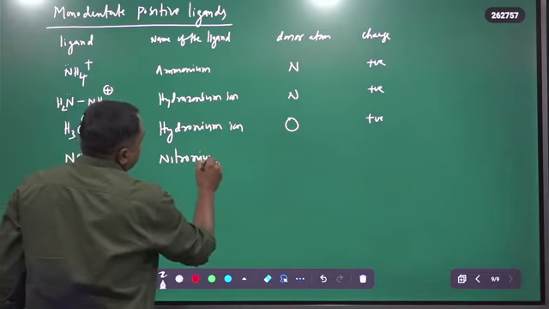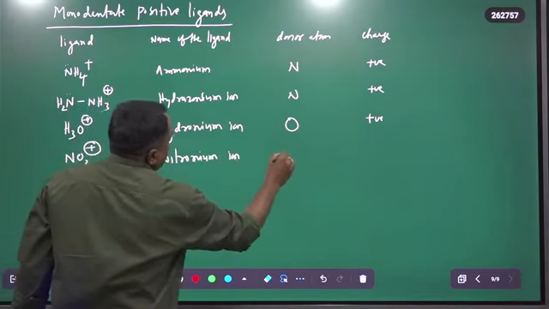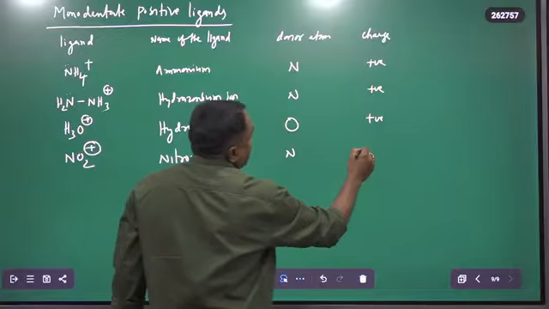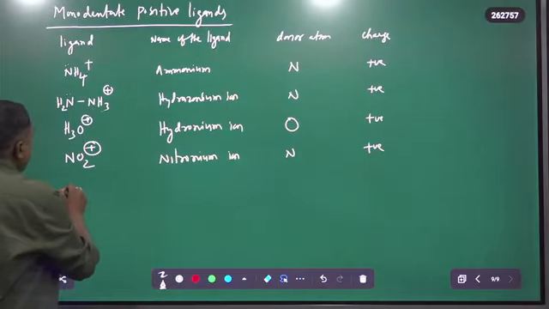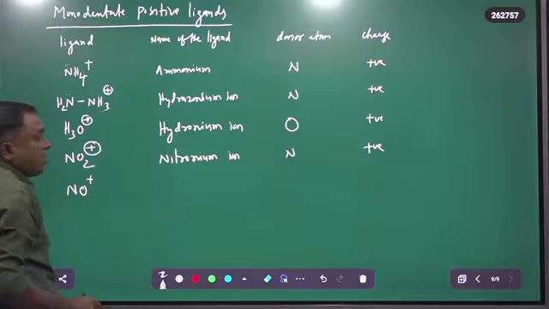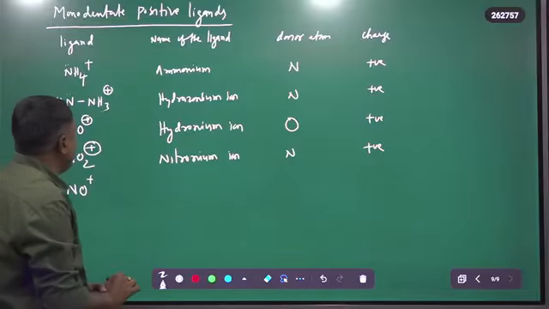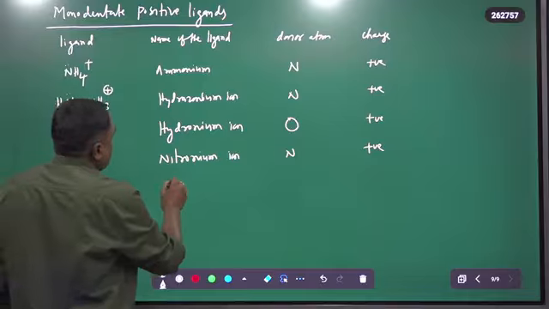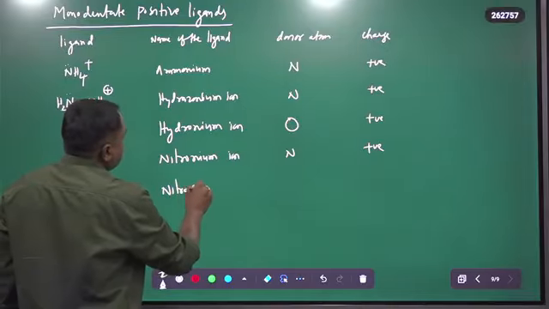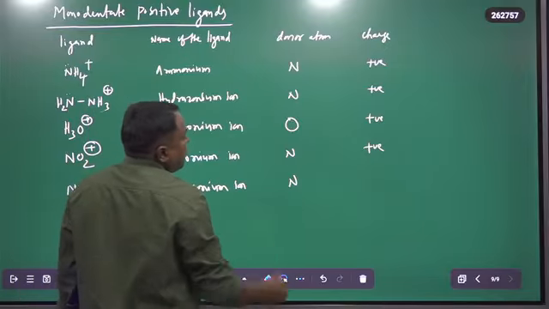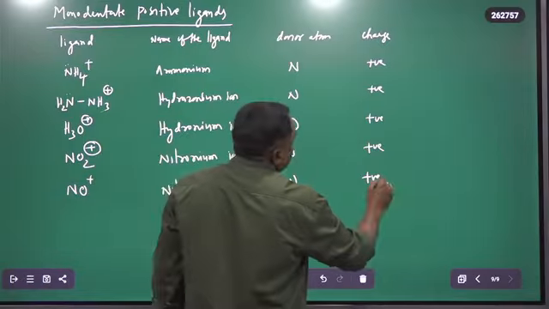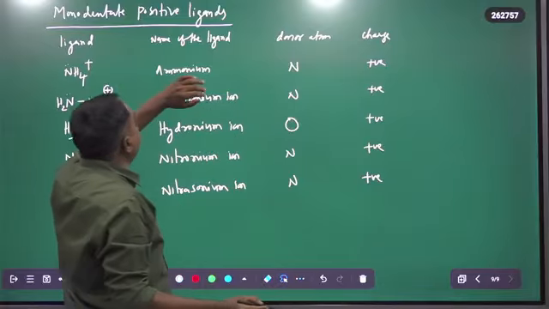In the nitronium ion, nitrogen is the donor atom, and it is also positive. And NO+ is the nitrosonium ion. In this also nitrogen is the donor atom, and these are the important monodentate positive ligands.